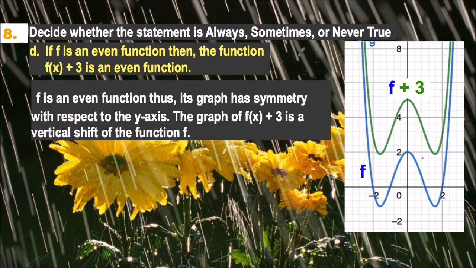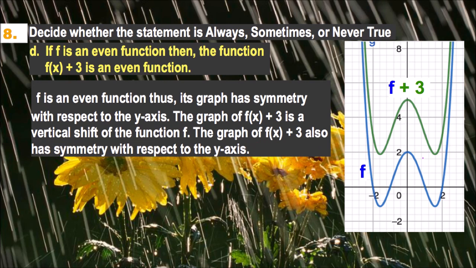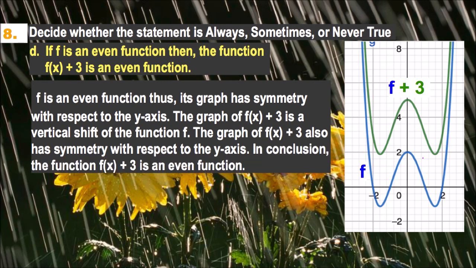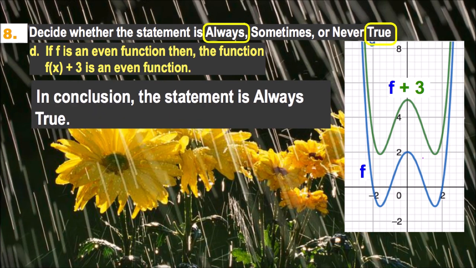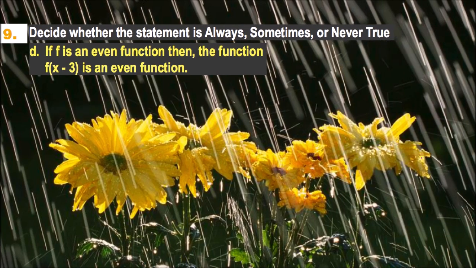The graph of f of x plus 3 is a vertical shift of the function f. The graph of f of x plus 3 also has symmetry with respect to the y-axis. In conclusion, the function f of x plus 3 is an even function. In conclusion, our statement is always true.